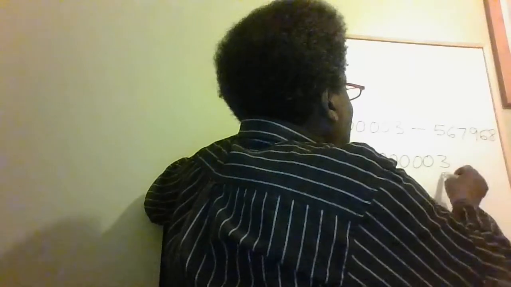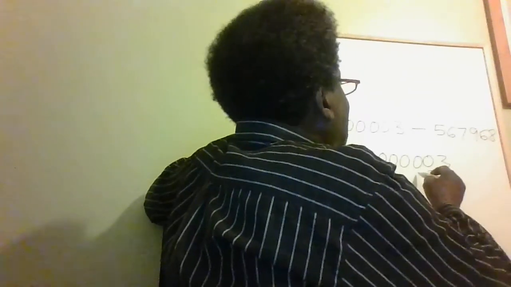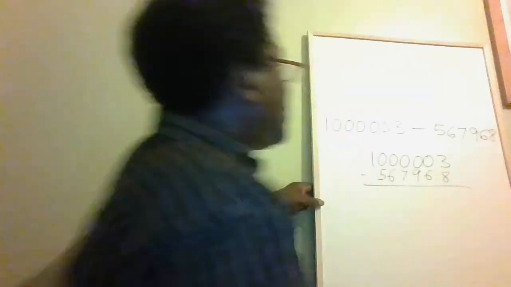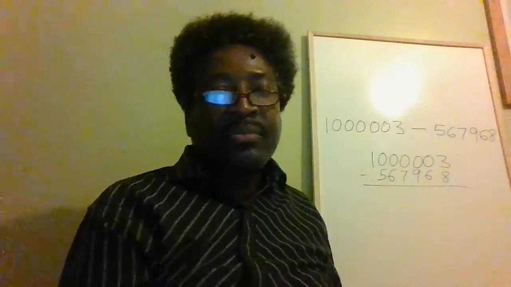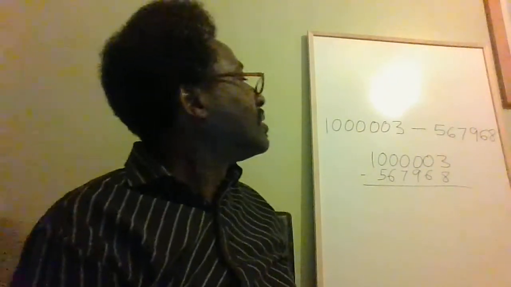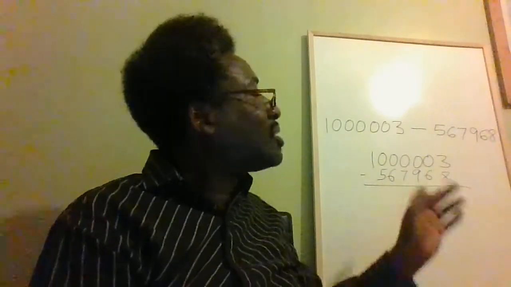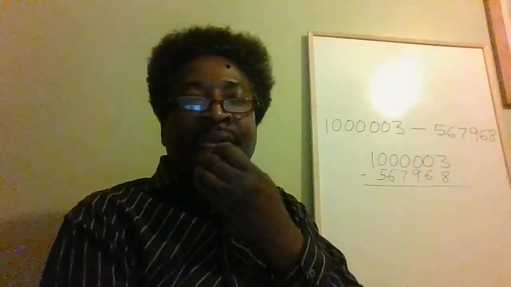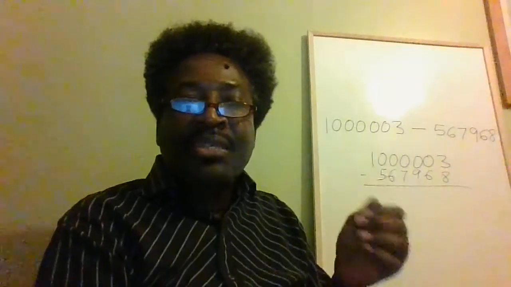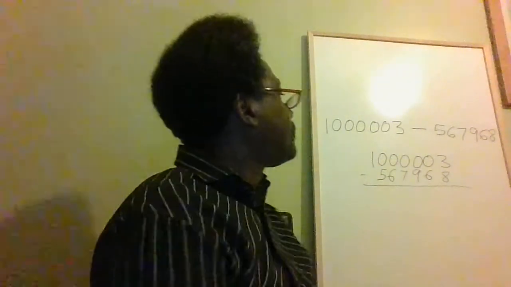So 8, 6, 9, 7, 6, 5. Same principles, just stick with the principle. But because there are so many zeros here, we're gonna look at things from a different way now.